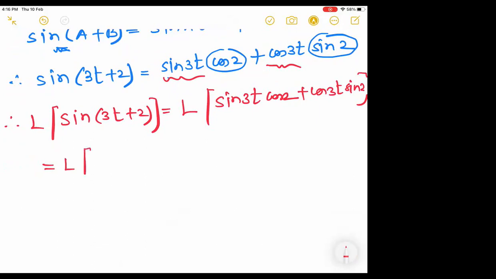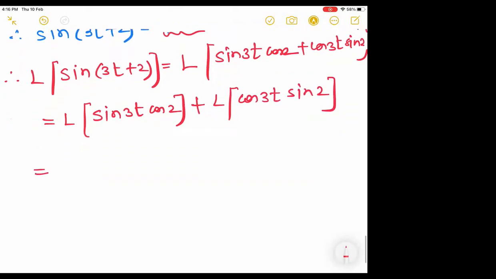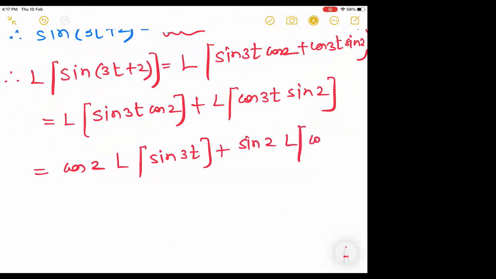So this can be written as L of sin 3t cos 2 plus L of cos 3t sin 2. Now you can write the constant terms outside: cos 2 is a constant and only the t function sin 3t is transformed, and sin 2 is a constant and only the t function cos 3t is transformed.